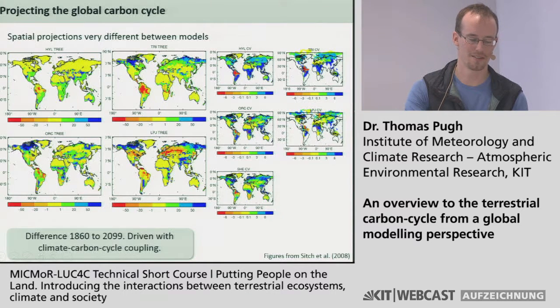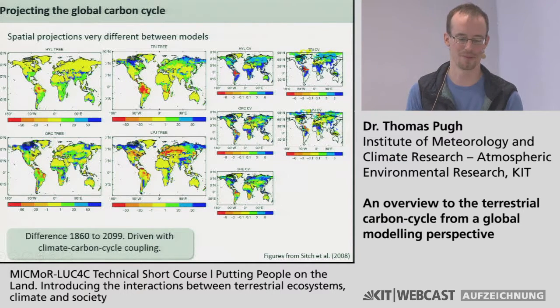And you can see that the direction of changes and the position of those changes varies massively between the models. LPJ shows a loss of tree cover in the mid-latitudes, which TRIFFID isn't showing. It's actually showing an increase. So when you start to look at spatial effects, the uncertainty between the models is actually even greater than when you just look at the global averages. And you see the same kind of thing in the vegetation carbon stocks in these plots here.